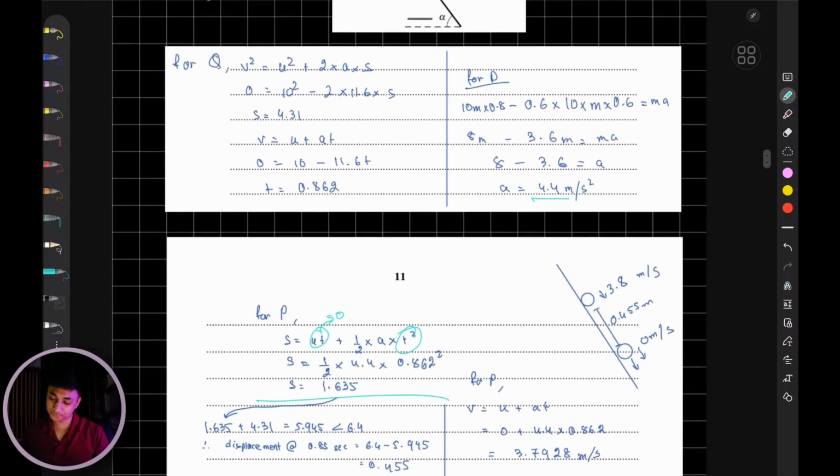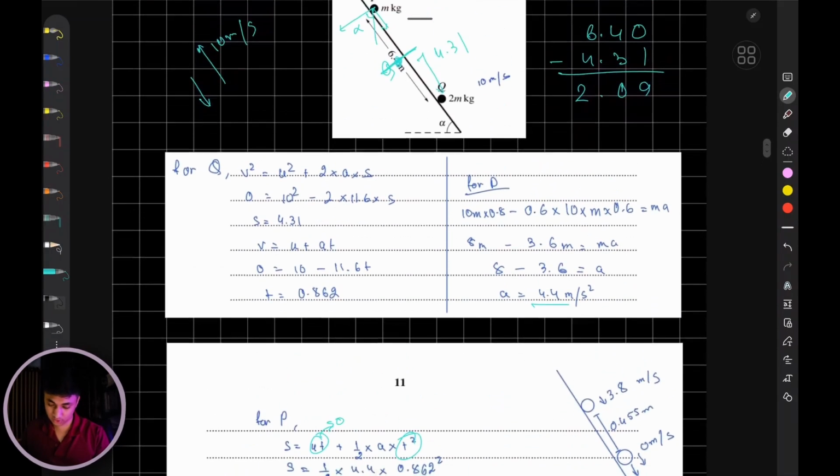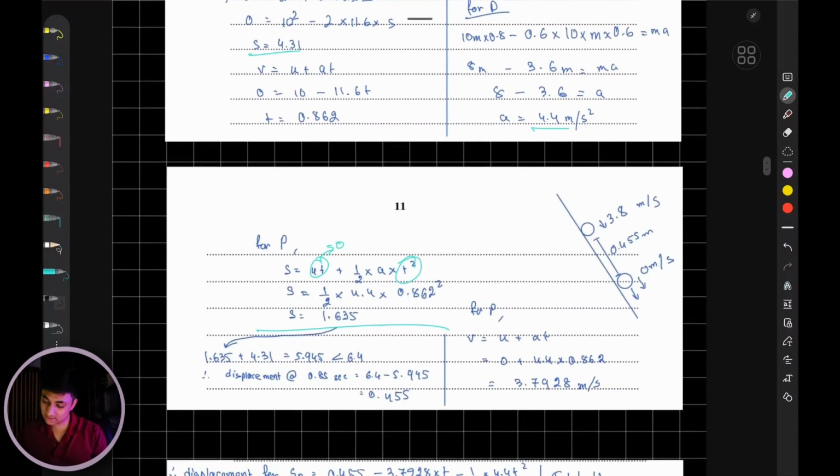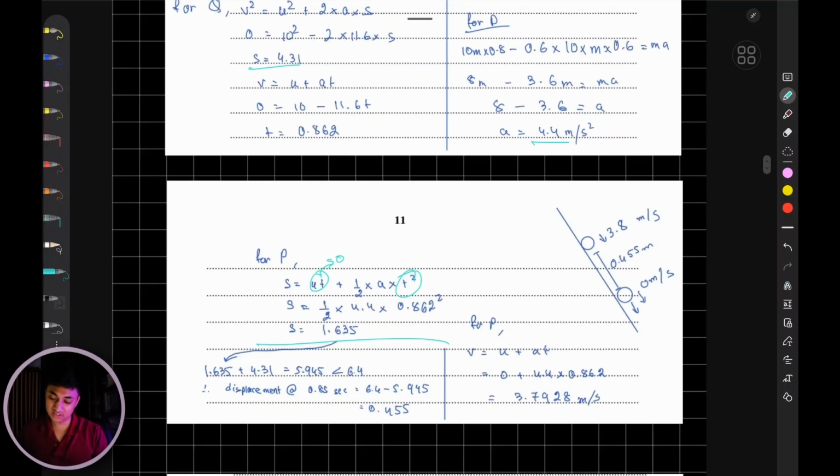And what do you know? The particle Q moves up by 4.31 meters. Therefore, while P was here, Q was here. Sorry.